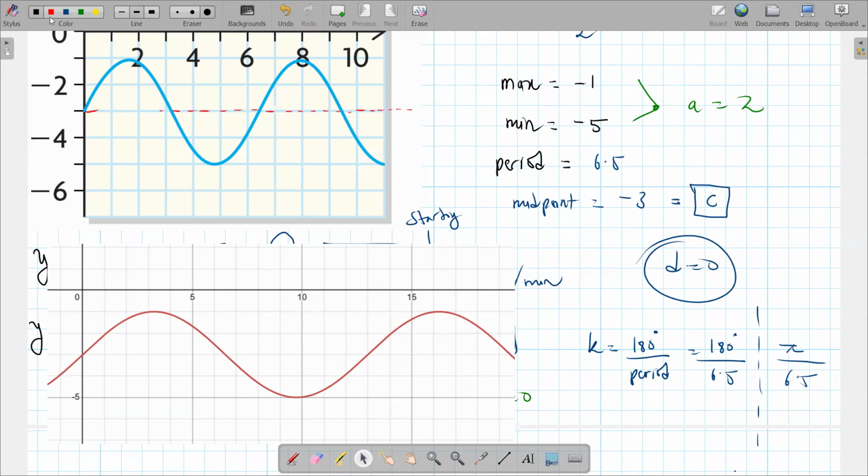This part looks good. The min and the max is good, which means the midpoint should also be good. What's off? Something's off here. The period is off. Is the period not 6.5?